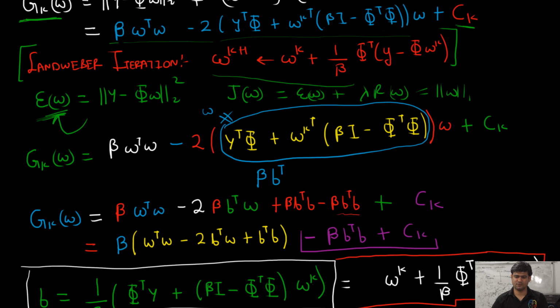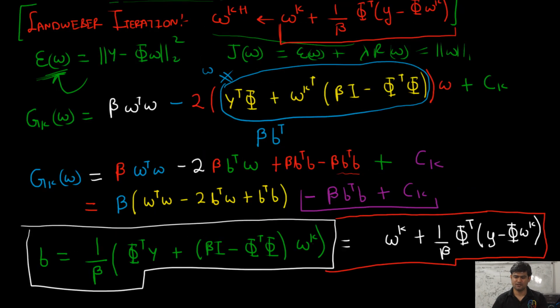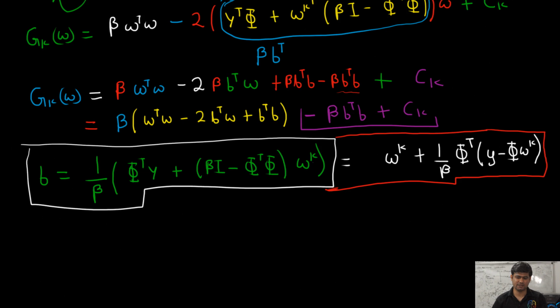Here, if you notice, the Landweber iteration, the update to parameter w to obtain w_{k+1}, is simply w_k plus 1 over beta times phi transpose (y minus phi times w_k), which is actually b. And we'll see why we obtain the solution for w_{k+1} as b, because once you simplify the notation for the function g_k, it will become apparently clear.